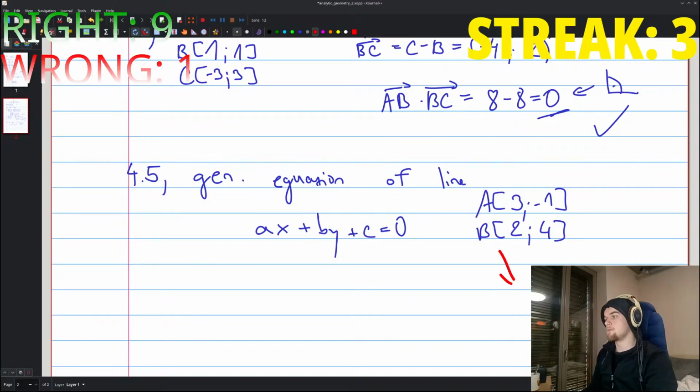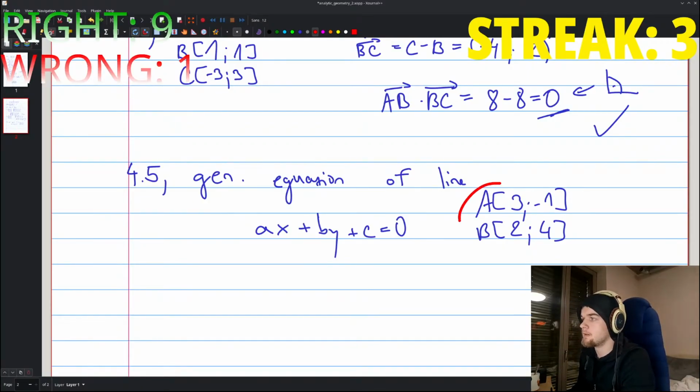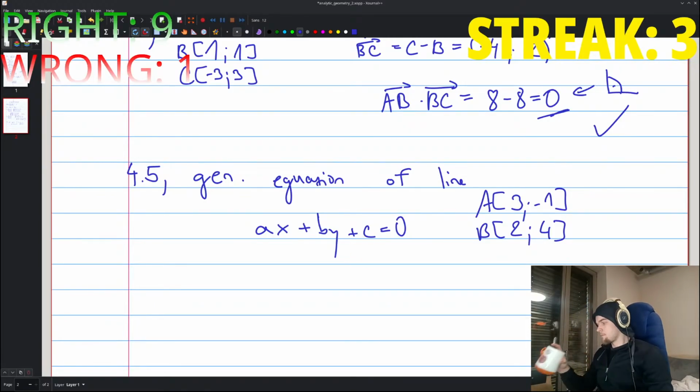You can either go through the route of first getting the parametric equation and then trying to remove the parameter, or you can get the normalized vector of these two, and this is the first element of the normalized vector, and this is the second element of the normalized vector. Then you input one of the points, and that gets you C. I wonder what is easier.